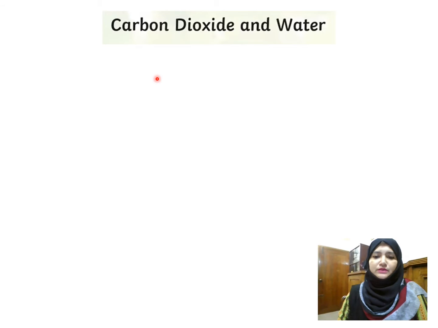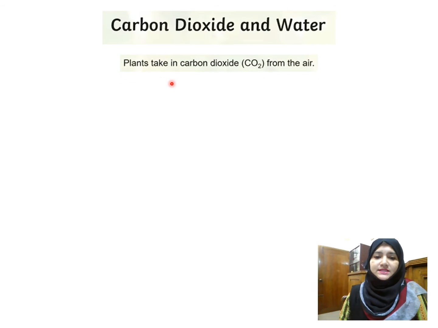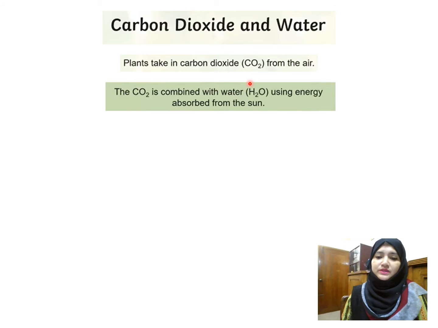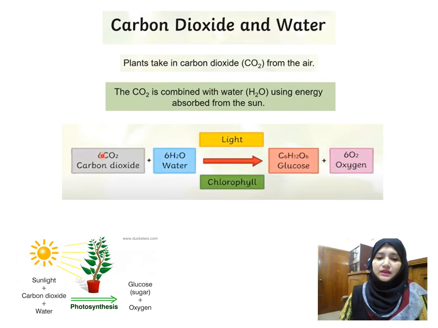Now take a look at carbon dioxide and water. We know plants take in carbon dioxide from the air, and the carbon dioxide is combined with water using energy absorbed from the sun. This is the chemical reaction, the chemical change, which happens during photosynthesis.